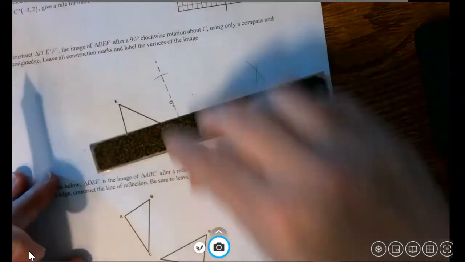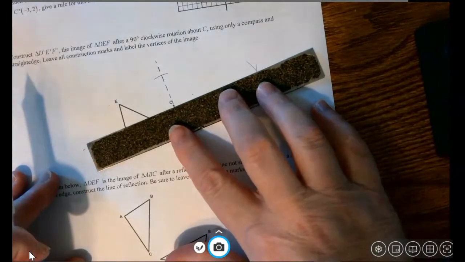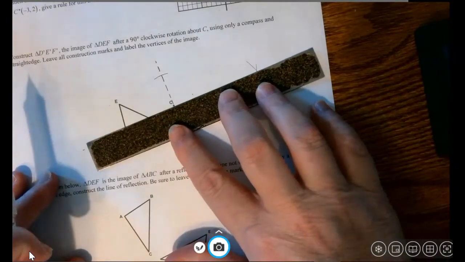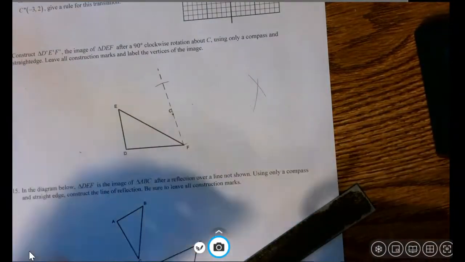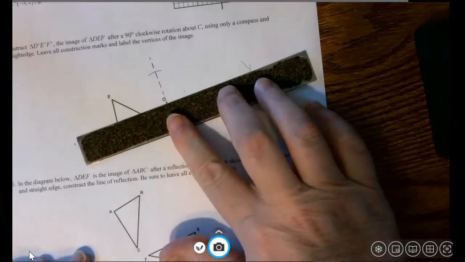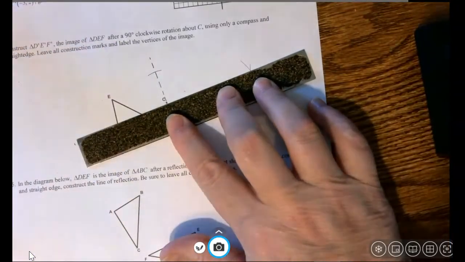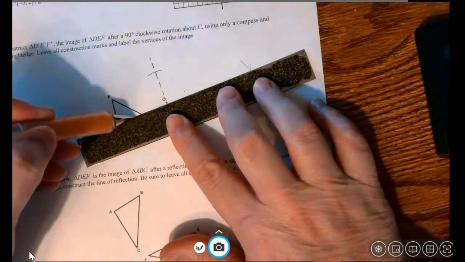And then point F is going to be over here. In fact, I'll just do this before I even draw that in there. Point F prime is going to be out here somewhere, roughly right about here. But what I need to make sure next is that the distance from C to F is the same as the distance from C to F prime.